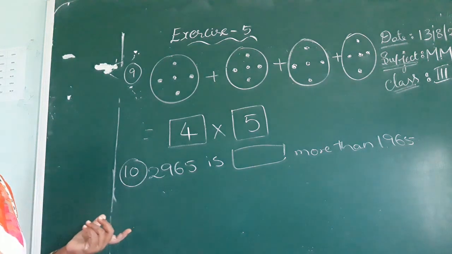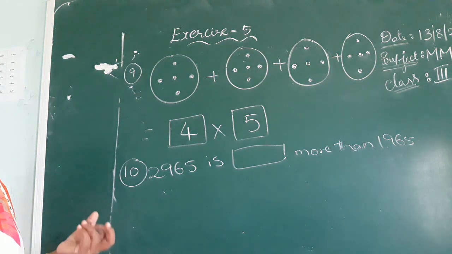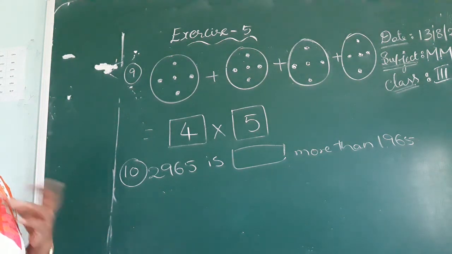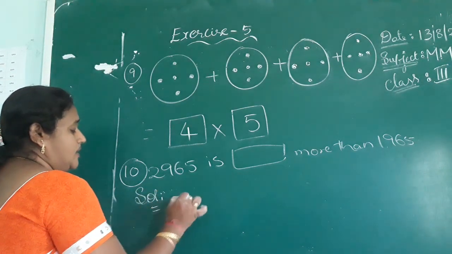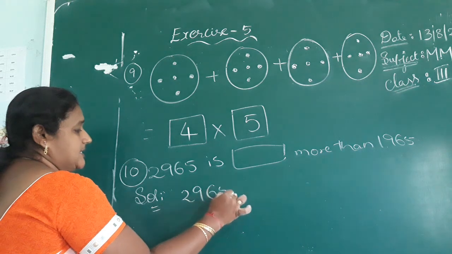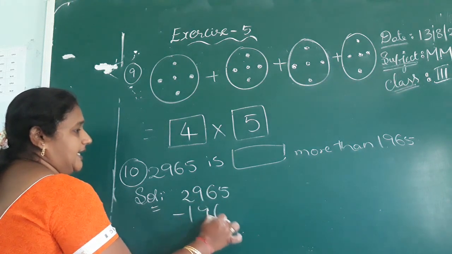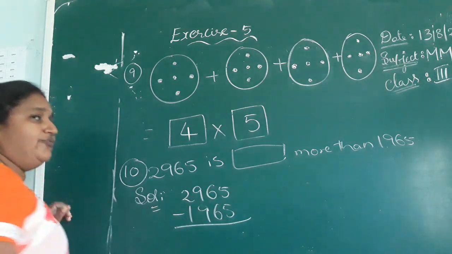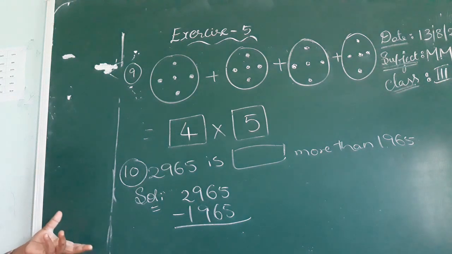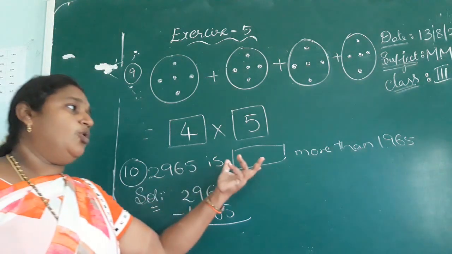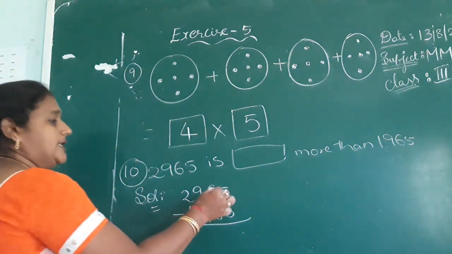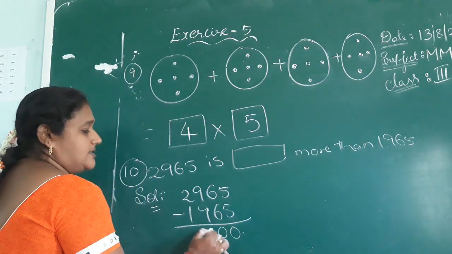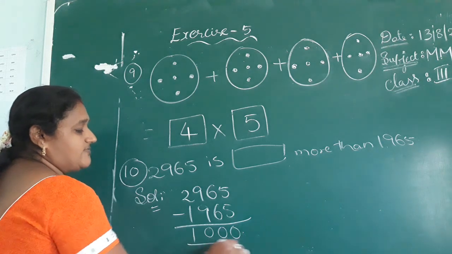So 2965 minus 1965. If you subtract, the answer tells us how much more or less. So 5 minus 5, 0, 6 minus 6, 0, 9 minus 9, 0, 2 minus 1, 1.